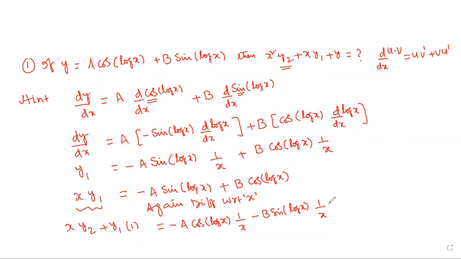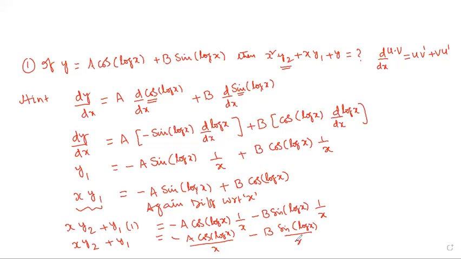Now again take the LCM and apply cross multiplication: xy2 plus y1 is equal to minus a cos of log x by x, minus b sine of log x by x.